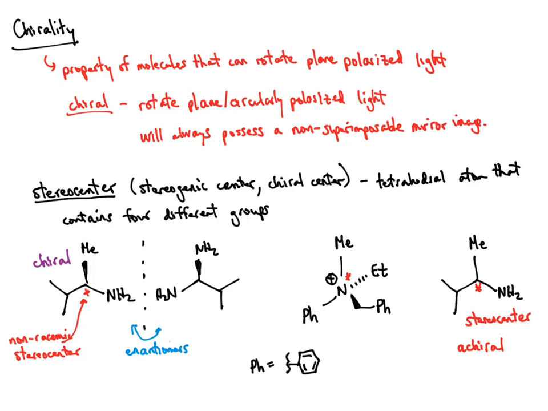Now, a molecule that contains a stereocenter can be considered chiral, but this is not always the case. We have a couple of examples where molecules contain stereocenters, but they are overall not chiral. These molecules might be diastereomers because they are non-superimposable, non-mirror image isomers, but only a few of them could be chiral.